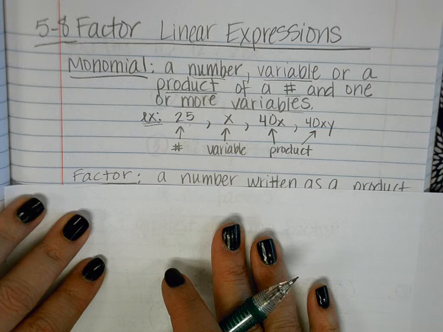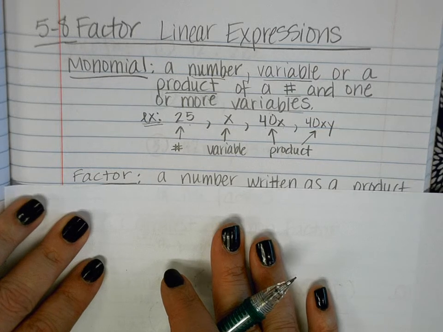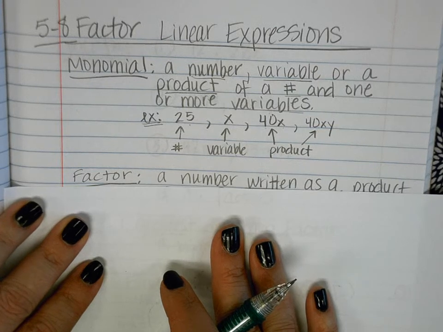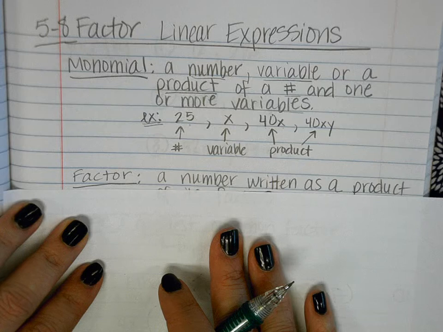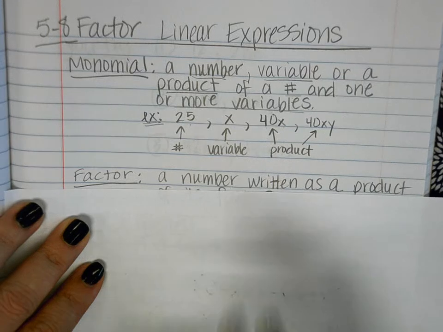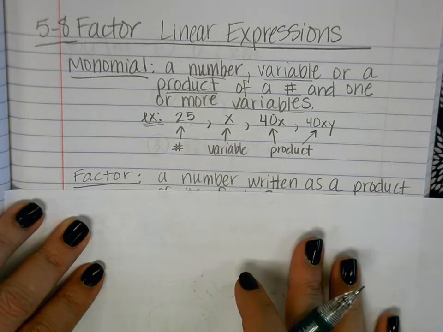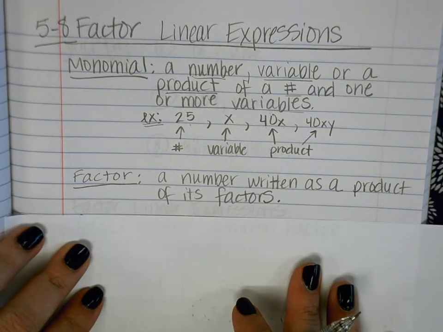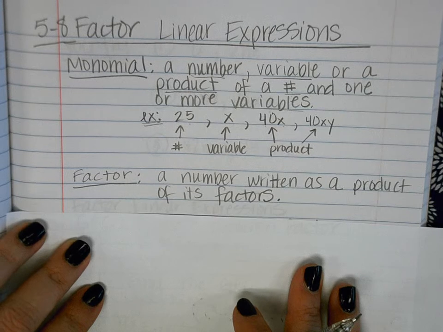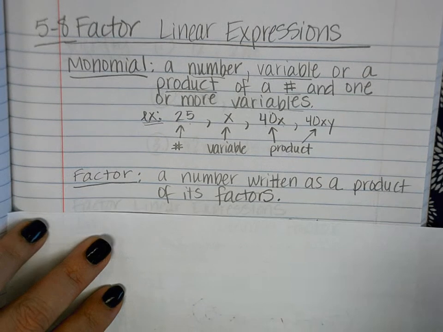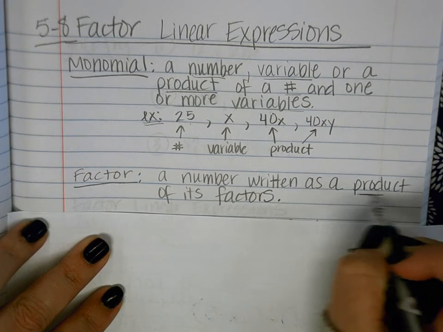A factor is a number written as a product. Remember when you did prime factorization, you pulled them out and multiplied, like 2 times 2 times 2 times 2? Written as a product of its factors. Product means multiply again.